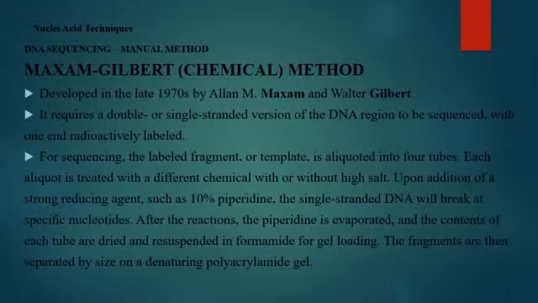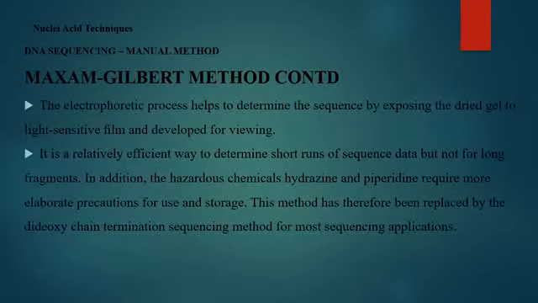After the reaction, the piperidine is evaporated, and the contents of each tube are dried and resuspended in formamide for gel loading. The fragments are then separated by size on a denaturing polyacrylamide gel. So you are going to do electrophoresis there.